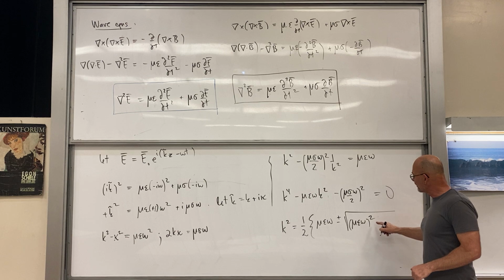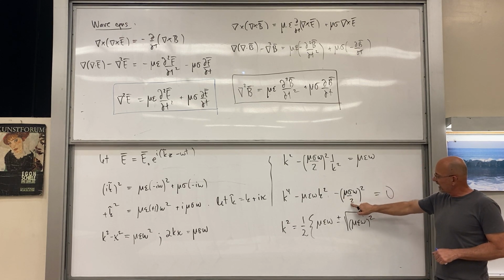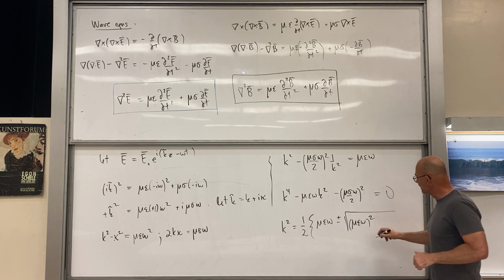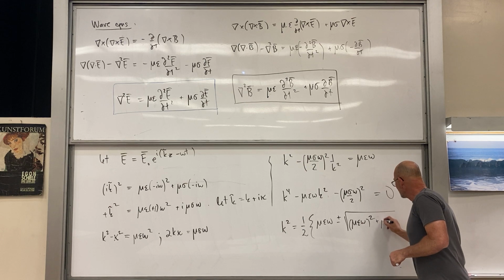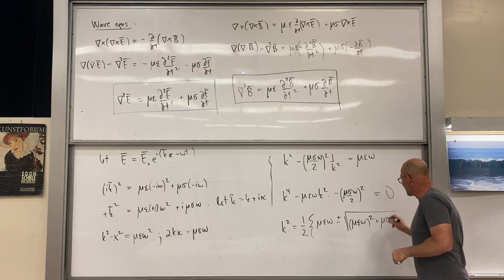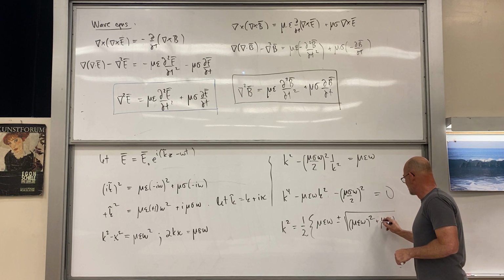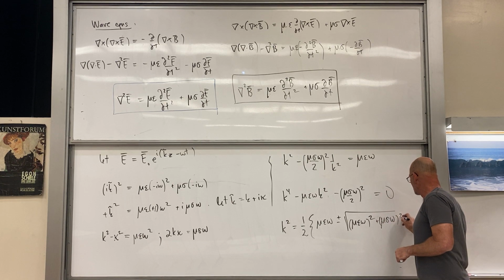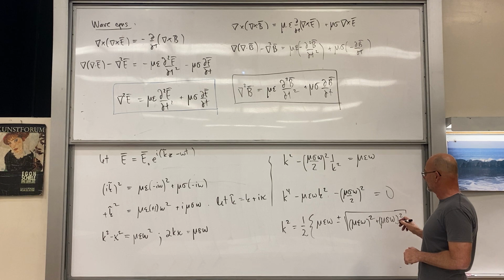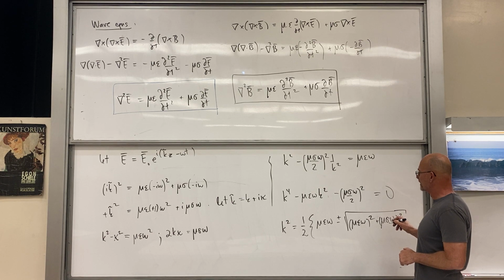Minus a negative is a 4, but that 4 is going to cancel the 2 squared, which is 4 right here. So plus the quantity mu sigma omega, squared.